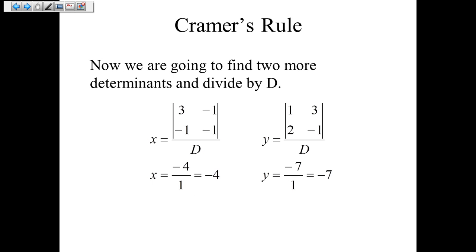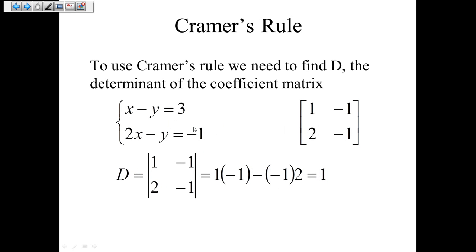Now, in order to use Cramer's rule, what we need to do is take D, make it the bottom of a fraction, so we're going to divide by D, and I've set up some new determinants to find. Now, the way that these two new determinants were created is the y column was left alone in this matrix, but the x column was replaced with the two answers from my system of equations.